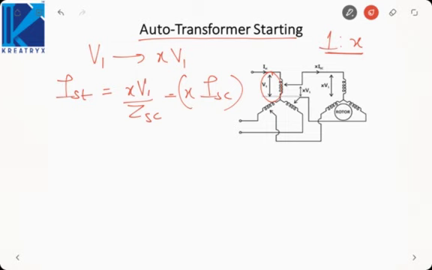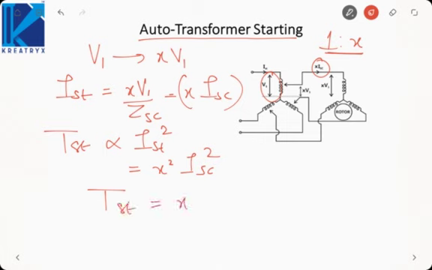Due to this, the starting torque, which is proportional to I starting square, becomes x square times ISC square. So the starting torque becomes x square times the short circuit torque, or x square times the torque under direct online starting. But here, let us find the stator current.